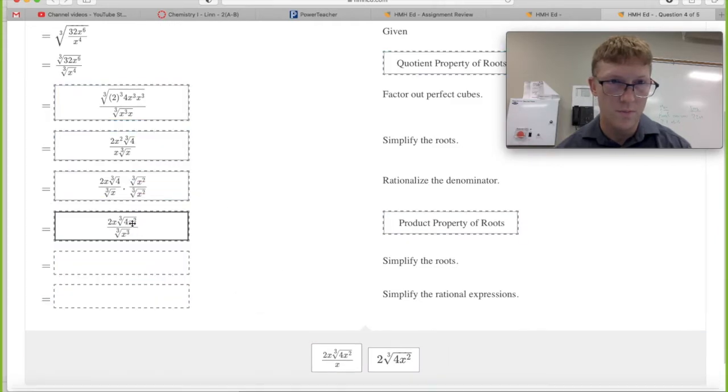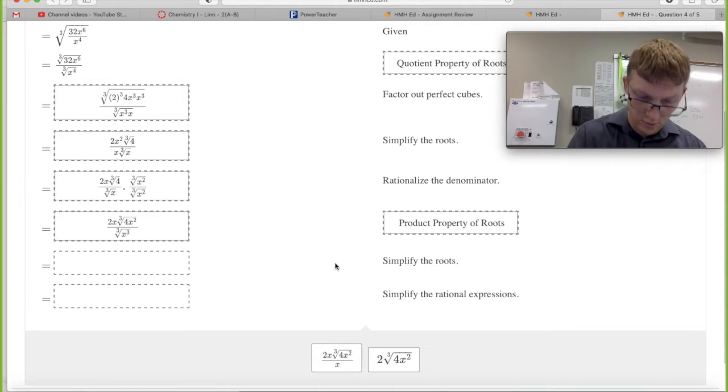So here we go. So if you look on the bottom here, we have our x here and our x squared multiplied together under our cube roots. So we're going to add those together. That's where that 3 comes from. And then on the top here, that just all gets multiplied together.